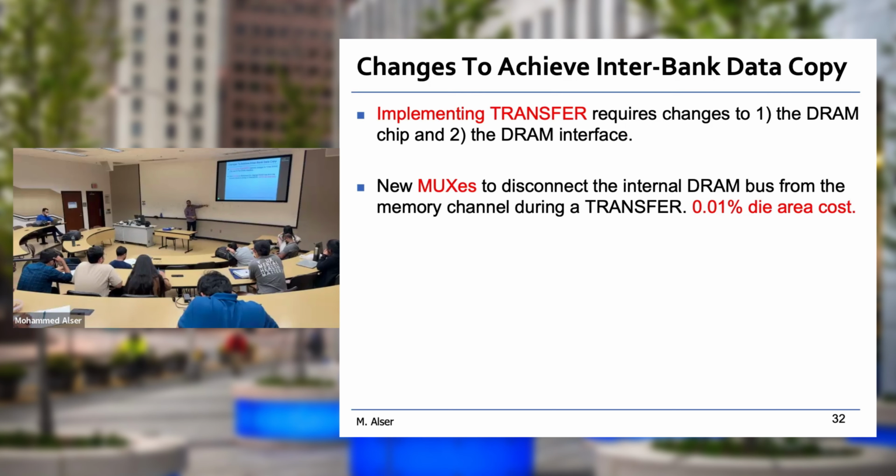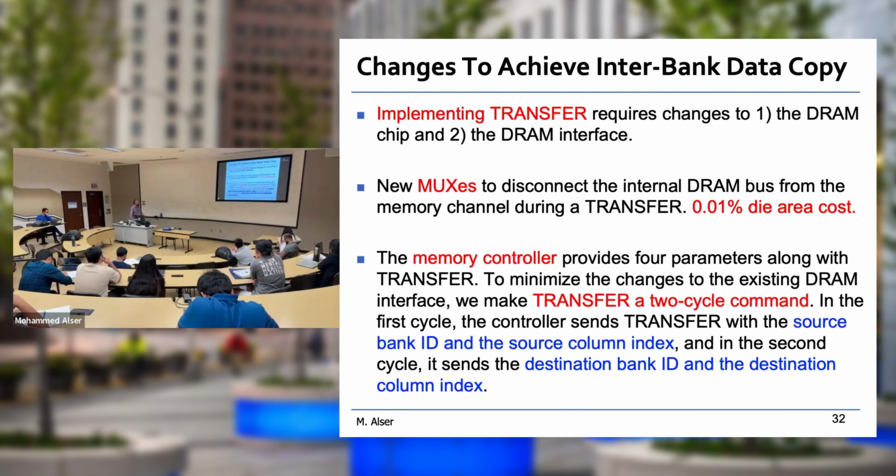Based on those controls, you can choose which input to be directed to that output. So you can use that MUX to control the direction of the data movement between the banks, for example. And the area overhead that you need to pay extra in terms of silicon where you fabricate this MUX is really negligible. You can consider it as 0.01% of the area.